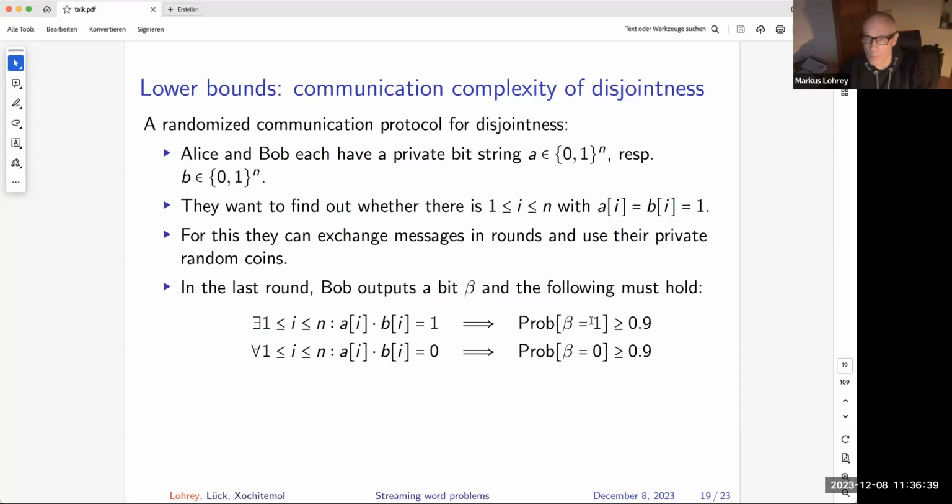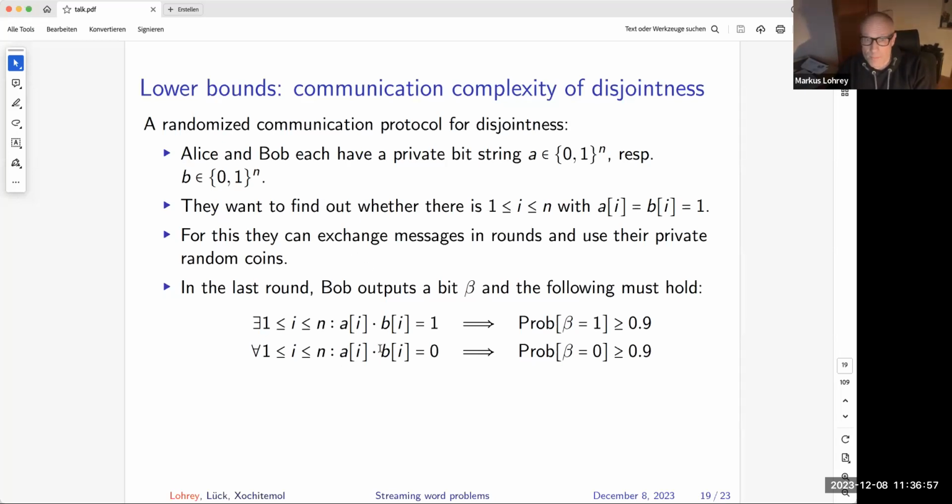So with high probability, Bob will output the correct answer. The probability is taken over the random choices of Alice and Bob. They make random choices, and this gives you at the end a probability distribution on the output of Bob.